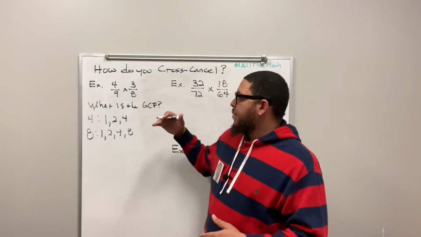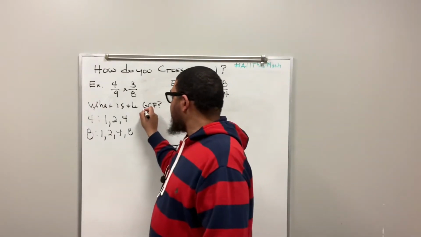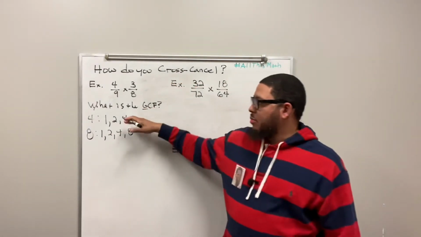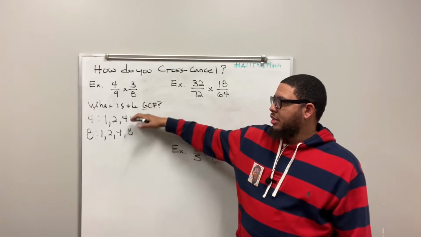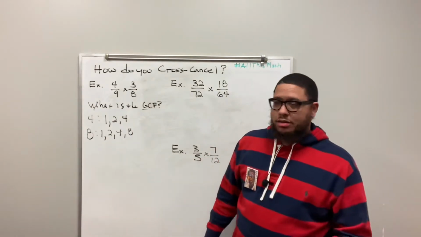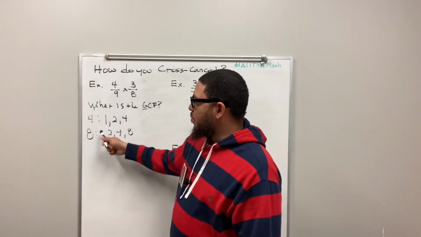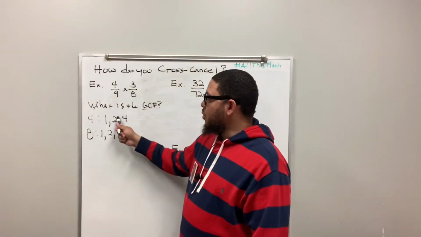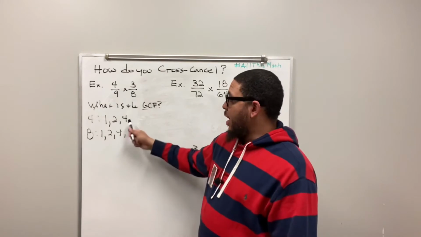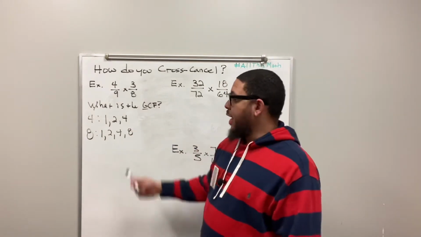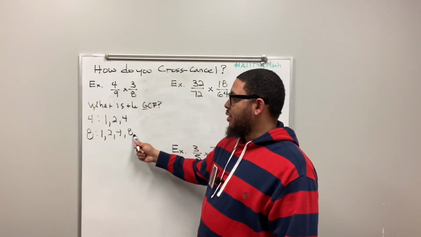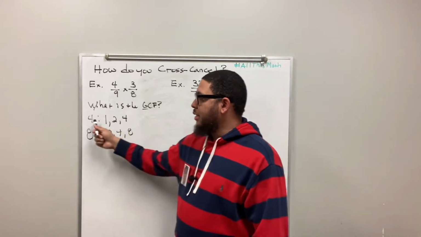All right? Now, the greatest common factor is the biggest number that's in both lists. The greatest common factor, not just the common factor, because you notice how 1 is in both lists, 2 is in both lists, and 4 is in both lists. 8 is only in this list, because 8 can't multiply into 4.